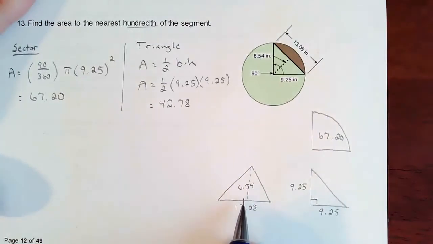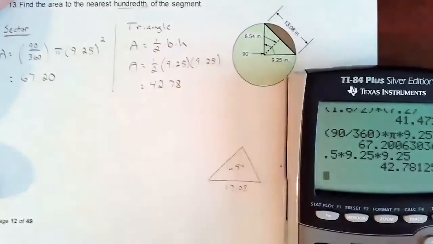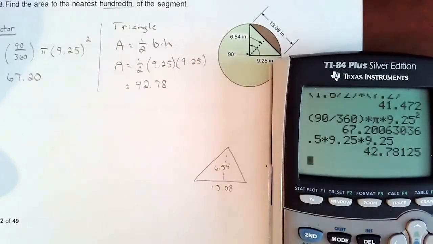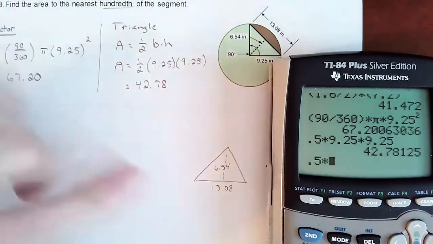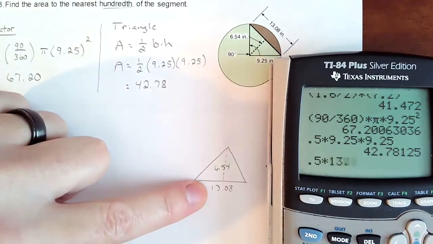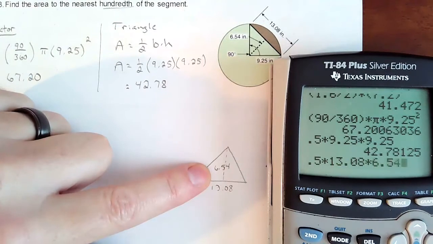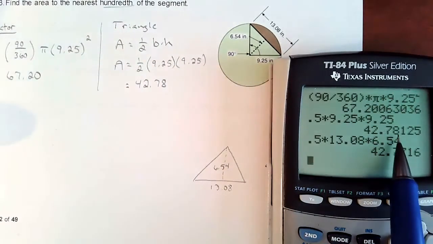So that's the same triangle, so it should have the same area as this. If we do the math on that one, and we do 0.5 times base times height, you get a crazy close value.